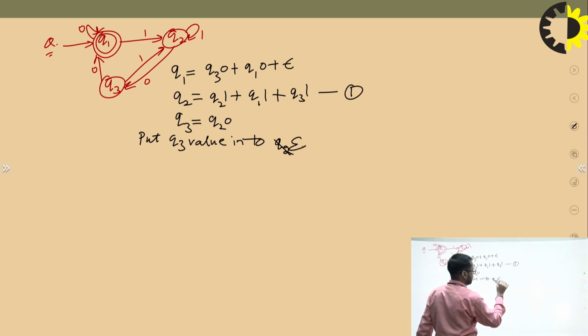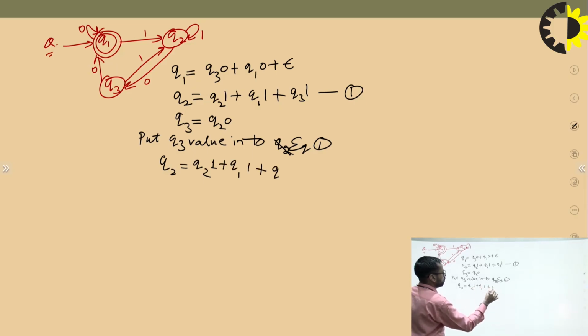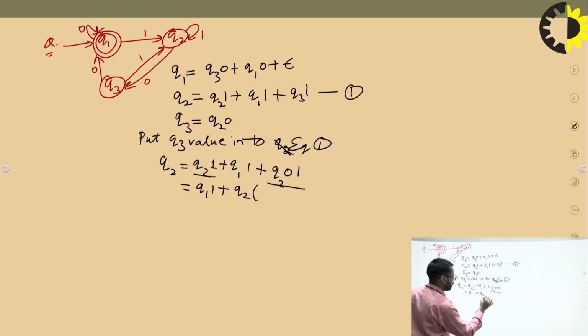Q2 equals Q2 1 plus Q1 1 plus Q2 0 1. Okay, so we take the common value: Q1 1 plus Q2 (1 plus 0 1).